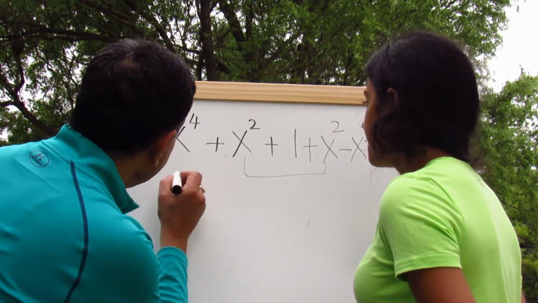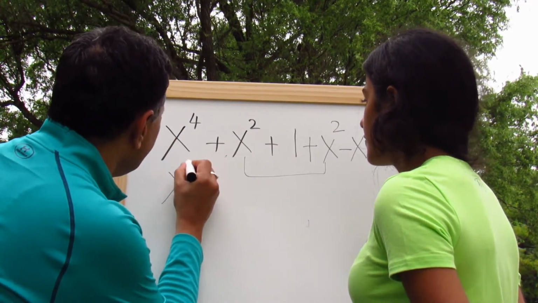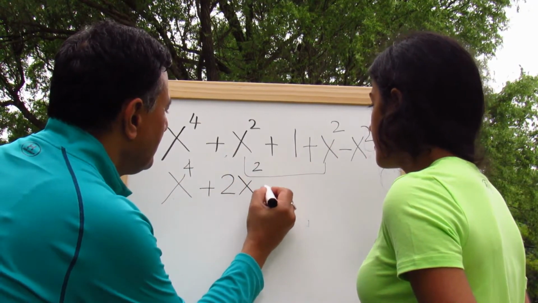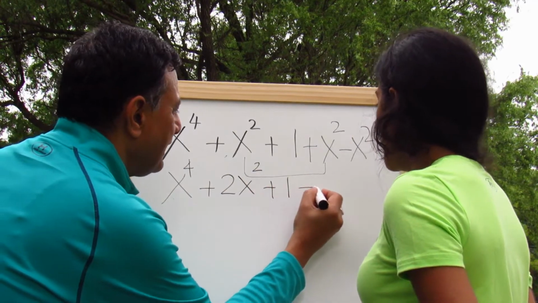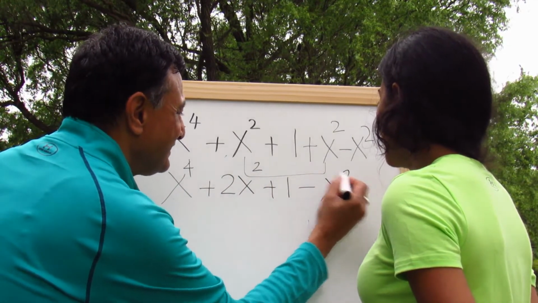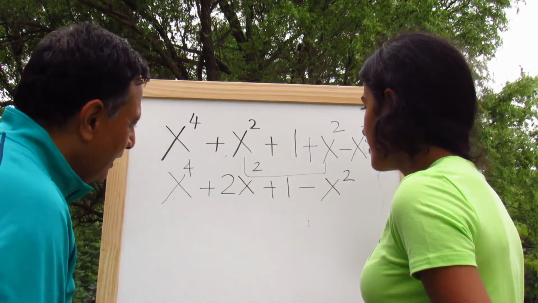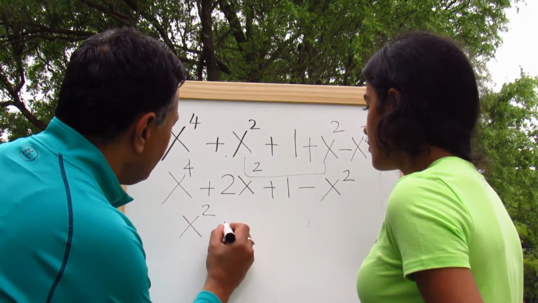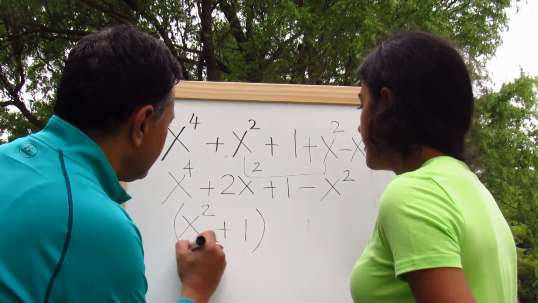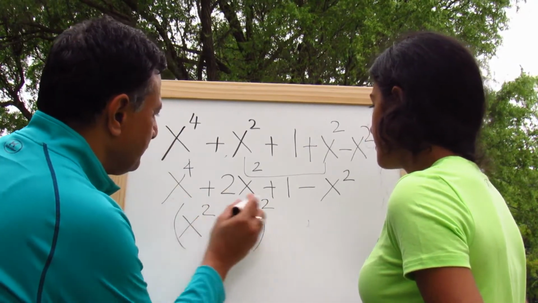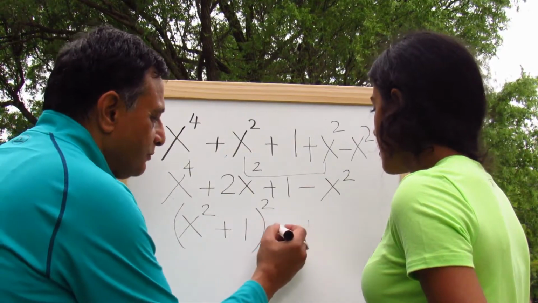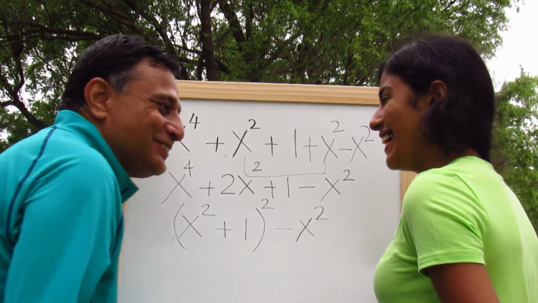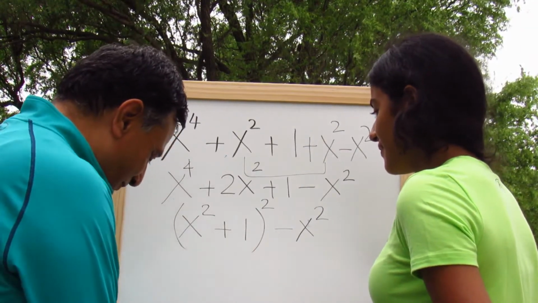So we could write this as x to the power of 4 plus 2x squared plus 1 minus x squared. Do you see that? Now the first three terms are perfect squares, so we could write this as x squared plus 1 whole square. That is what we get from the first three terms. And we have minus x squared here. Now you can apply difference of squares, so you can factor.